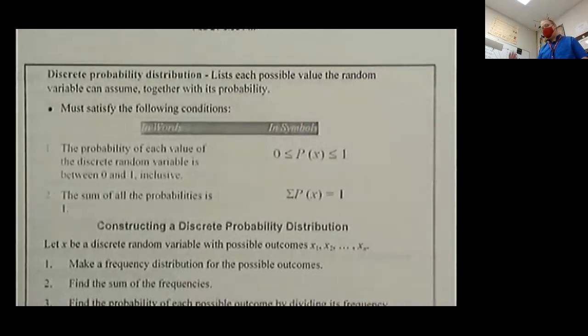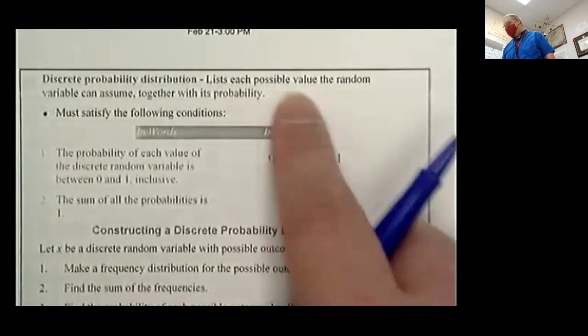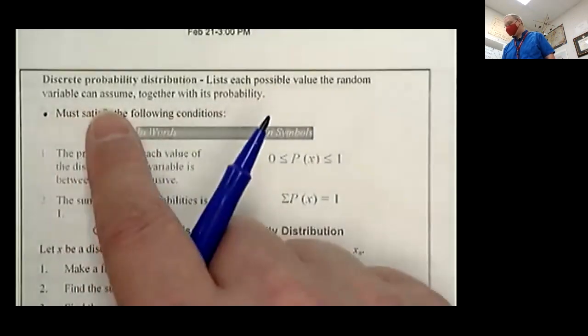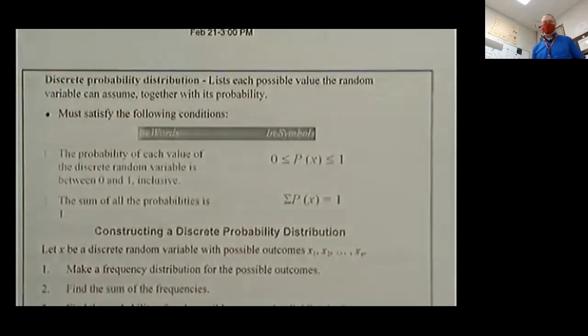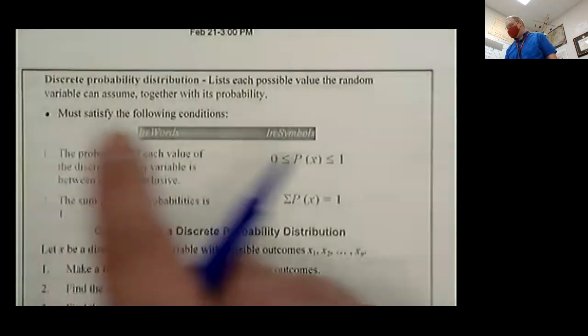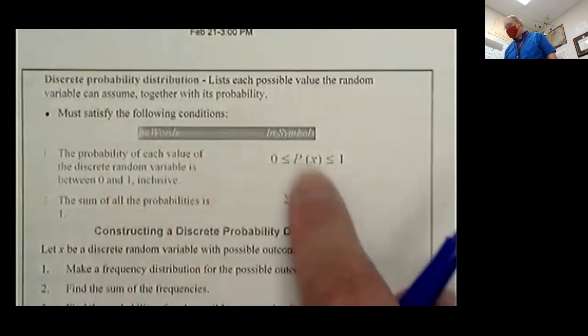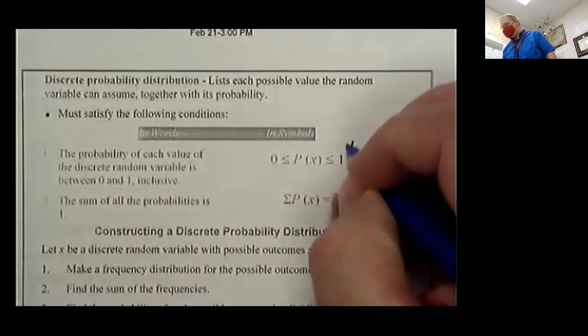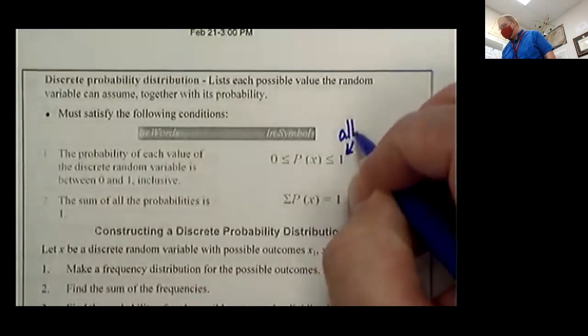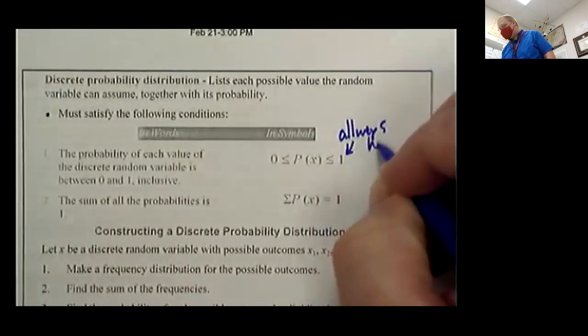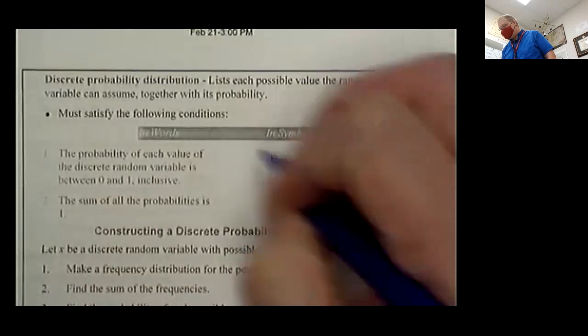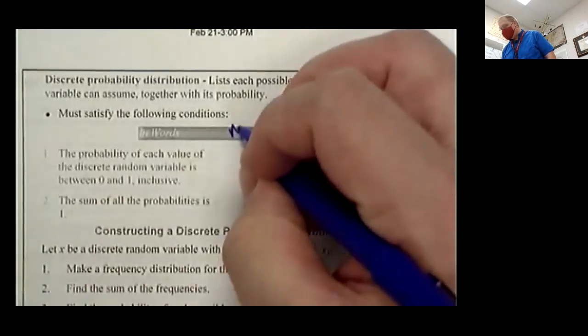A discrete probability distribution lists each possible value the random variable can assume, together with its probability, and must satisfy the following conditions. All probabilities have to fit between 1, which always happens, and 0, which never happens.